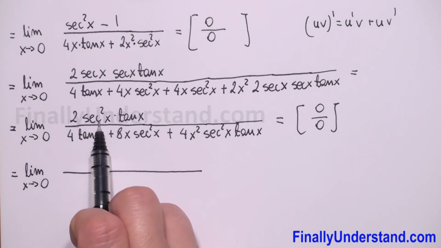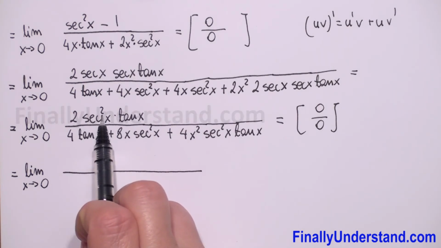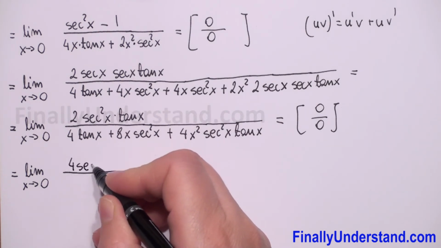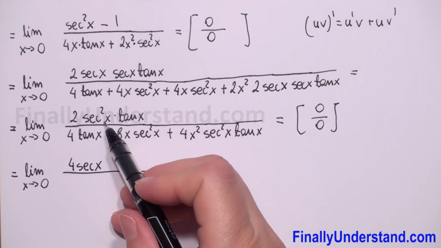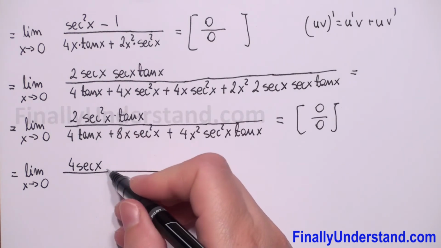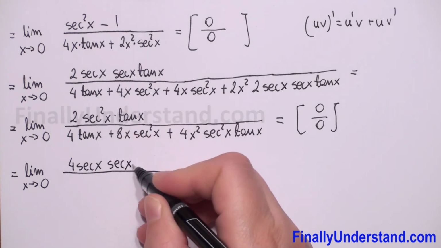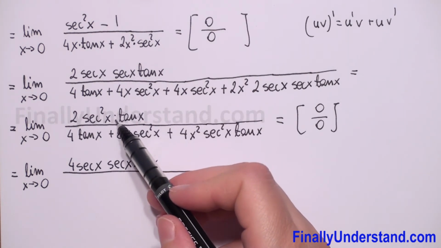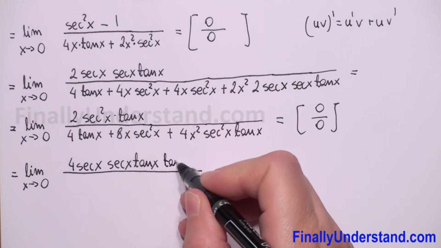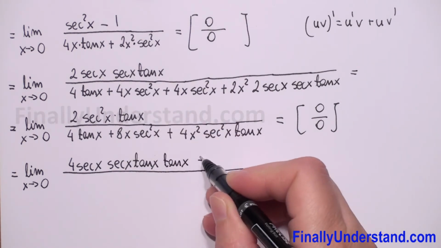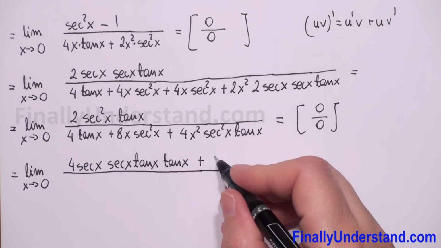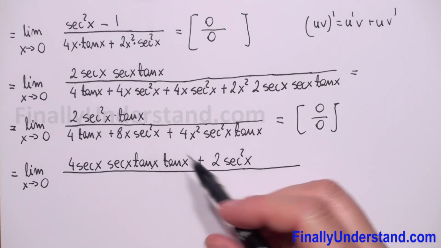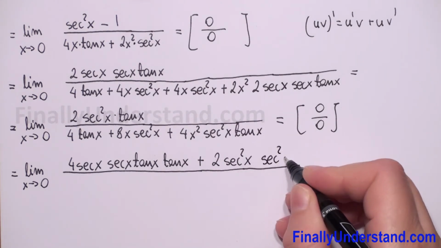But here we have secant square, so first we have to take down this 2. 2 times 2 will be 4 secant of x, and derivative of secant is secant of x times tangent of x. Now we have to multiply by tangent of x plus, we copy first part, so we have 2 secant square of x times derivative of tangent is secant square of x.